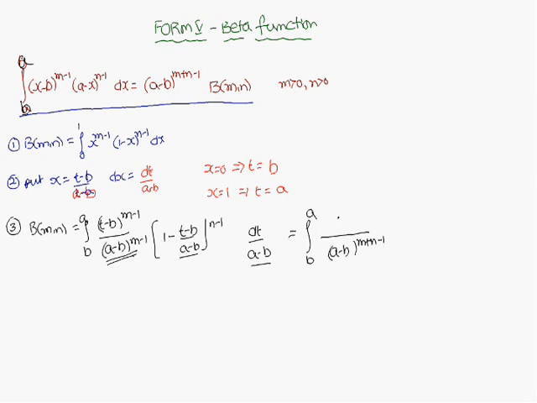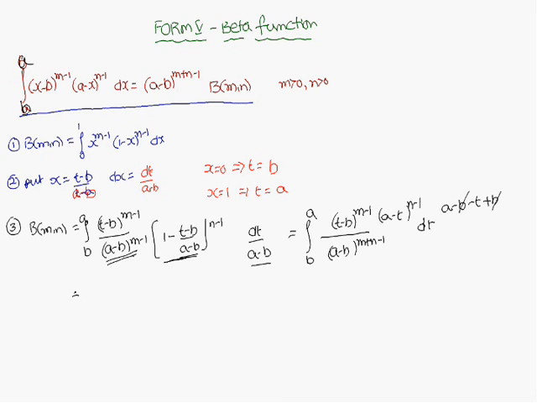So the numerator is t minus b whole power m minus 1 and this one a minus b minus t plus b, that means a minus t whole power n minus 1 into dt.